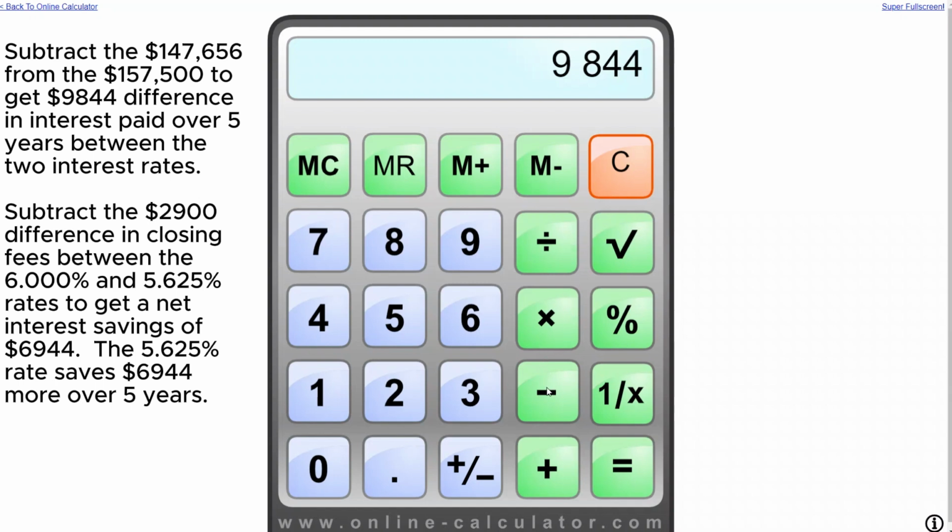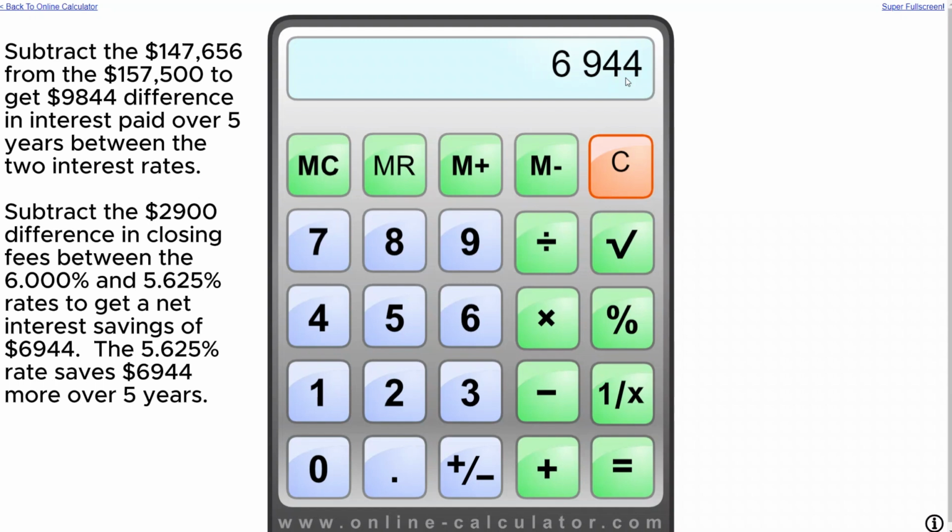So let's subtract from the $9,844 in interest savings the $2,900 difference in closing fees that we would pay to get the 5.625 rate, and that comes out to be a net of $6,944. So after you calculate the interest savings over the 5 years, and then subtract the closing fees that you paid extra for the 5.625, the net savings is $6,944.